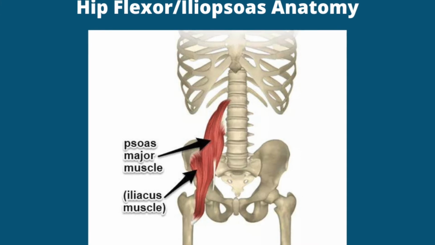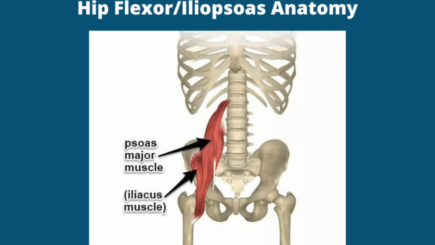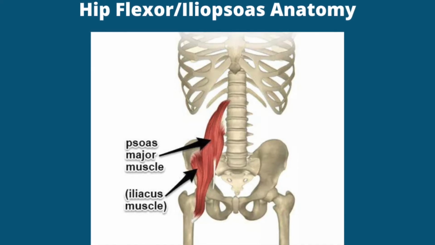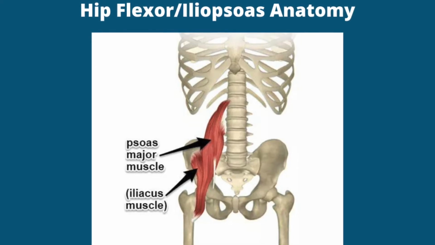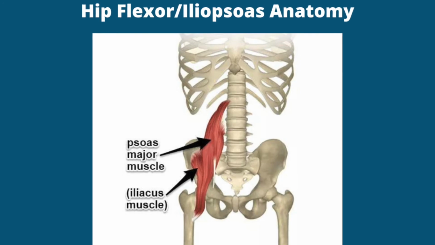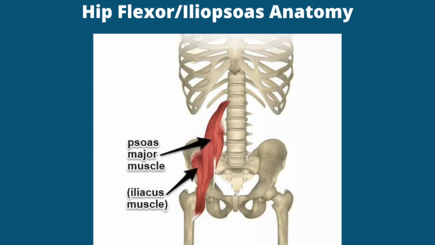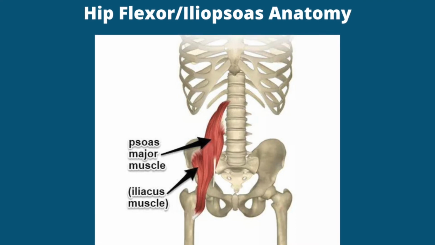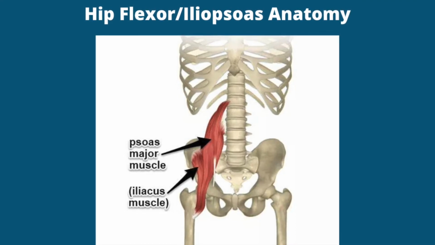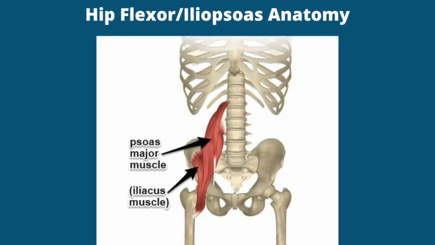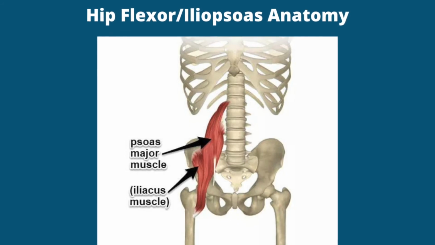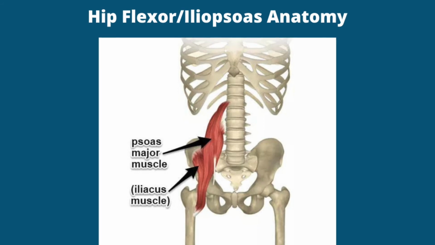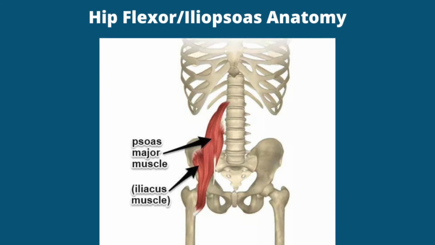You can see here in the picture on the side of the lower back, T12, L1 through L5, and that muscle goes into your pelvis and into the hip, and it inserts into the lesser trochanter of the femur, which is the hip. And the iliacus originates from the iliac fossa, which is the front part of the pelvis, and it attaches into the same area, the lesser trochanter of the femur.